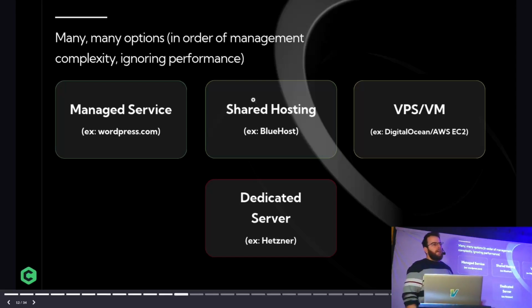So you want to serve your application, and you have a ton of different options. I listed a couple here, like managed servers, WordPress.com, where you have some form of WordPress with a lot of customizations and logic about how to host multiple websites and how to handle traffic anywhere, right?